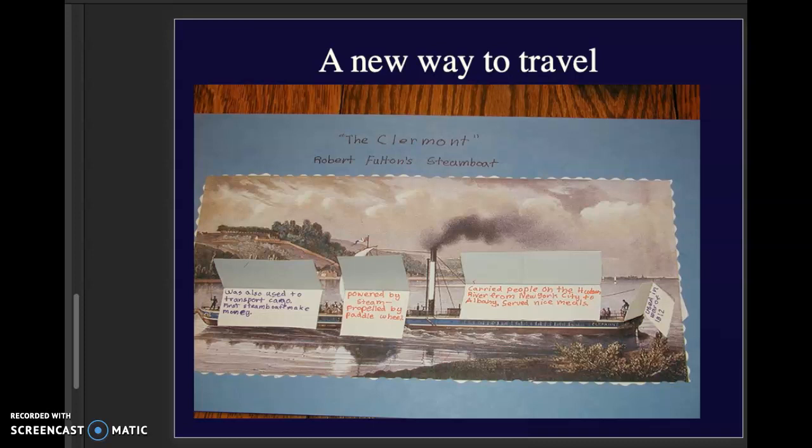Another sixth grader said, powered by steam, propelled by the paddle wheel. And then someone else said here, carried people in the Hudson River from New York City to Albany, which, if you drove New York City to Albany, which I've done, I would say it's a good 5-hour drive. But you're going up the Hudson River, and then it says here, served nice meals. So there you go.